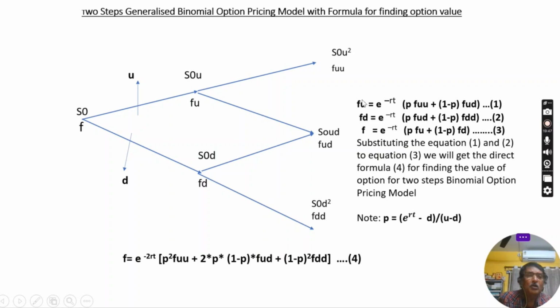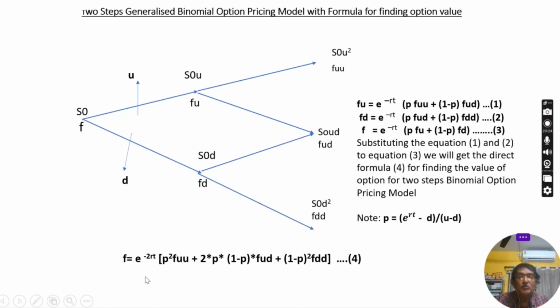If you put the value of F of U and F of D and simplify it, some mathematical derivation is required. Actually, I am not going to discuss the detailed simplifications. Just directly after simplification you will get this formula. This is the formula for finding out the call option value for the two-step binomial model directly. Directly means you can use straight away this formula to find out the call option value at this point.